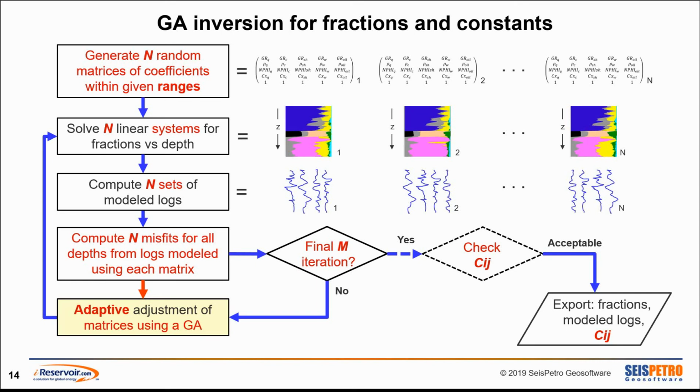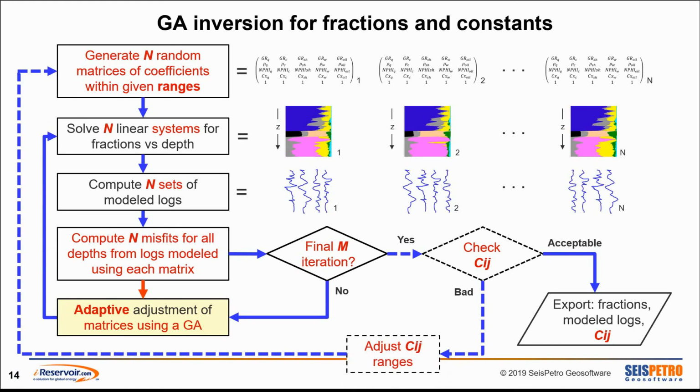If the petrophysicist thinks that these constants need to be modified, the next step is to adjust them manually for whatever coefficients he or she may think need to be changed, and the whole process starts again. So we generate n random matrices again, solve the system, compute n sets of model logs, compute the misfit, and the whole process is repeated until the petrophysicist thinks that a good solution has been reached.